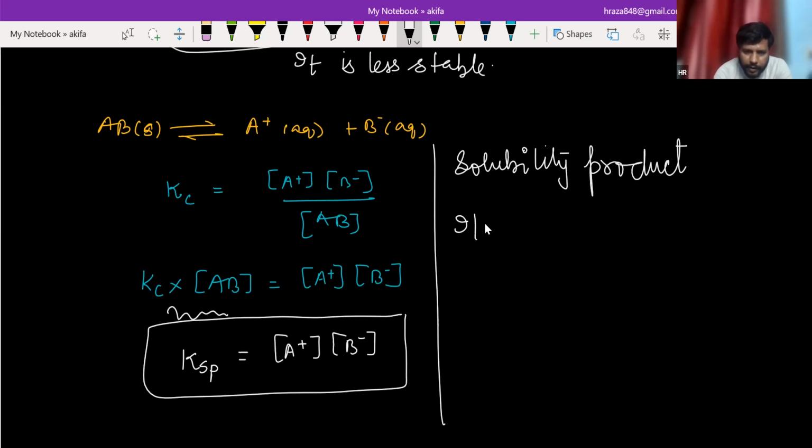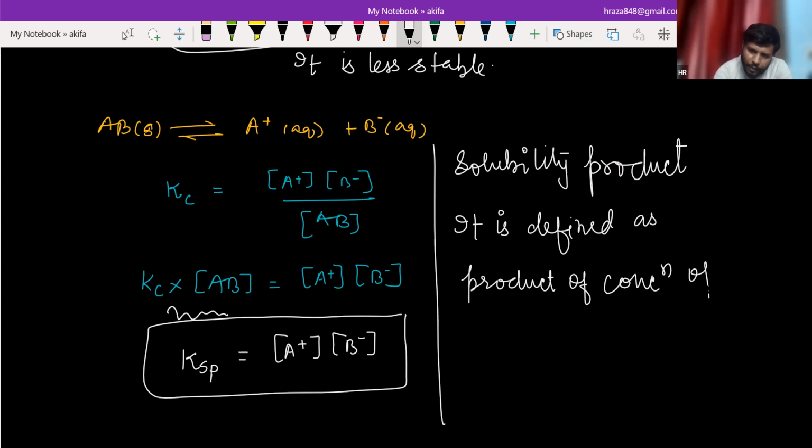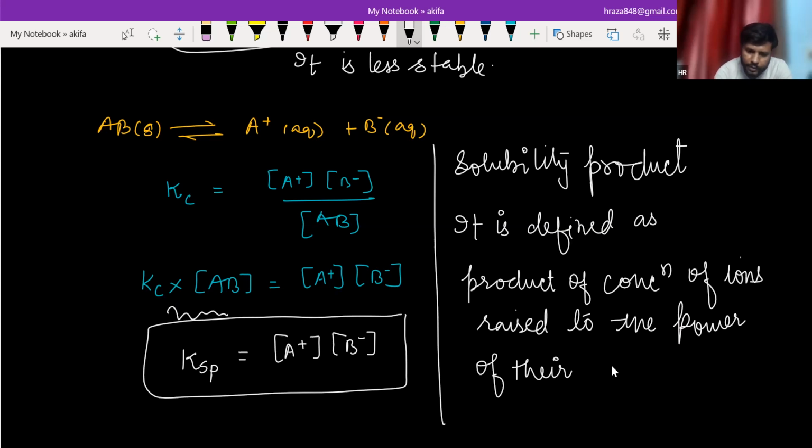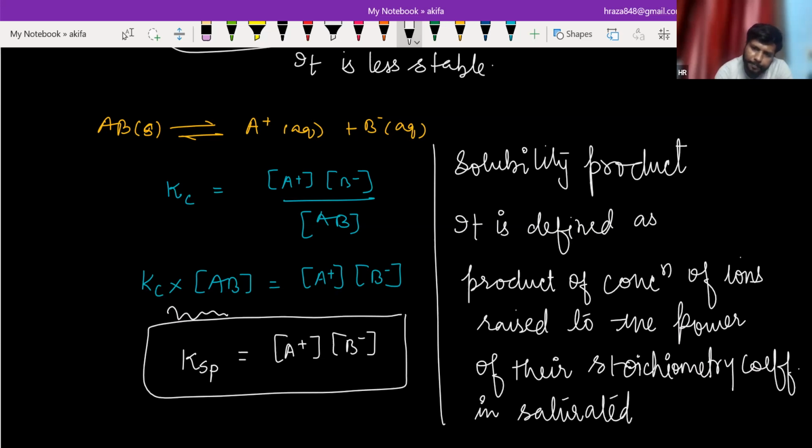Solubility product is defined as the product of concentration of ions raised to the power of their stoichiometric coefficient in a saturated solution at constant temperature.